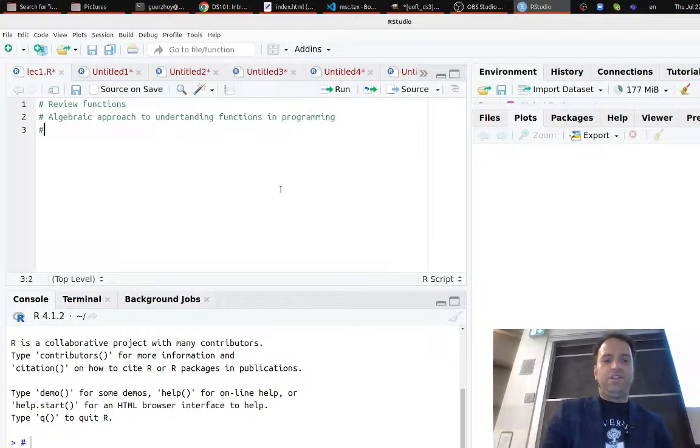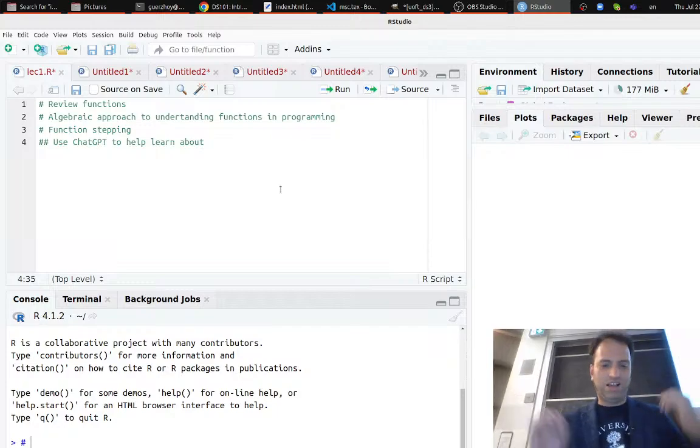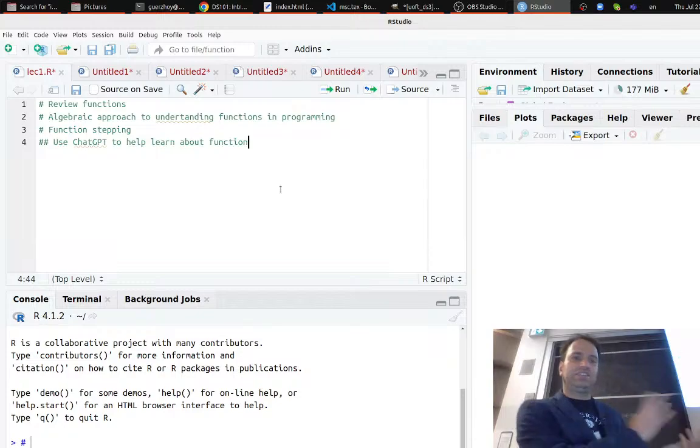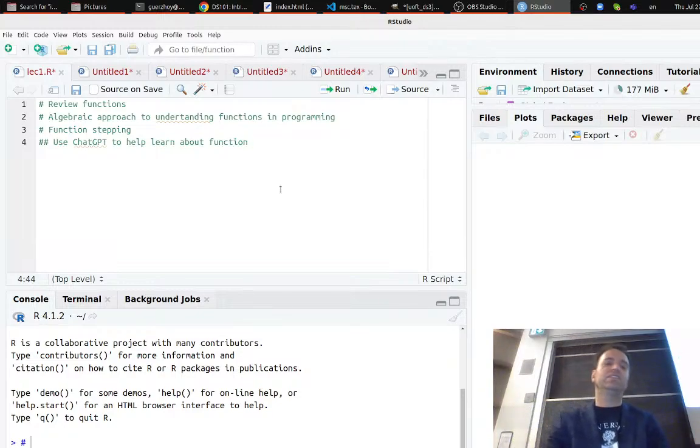We'll then do function stepping, and we'll talk a little bit about how to use ChatGPT to help learn about functions. I think it's kind of fun. If you know about functions, maybe it's not by itself going to be useful, but I think it's a useful way to look at the capabilities of ChatGPT. So we'll discuss that a little bit. And then we'll do a little bit about vectors, data frames, and so on, if there's time.